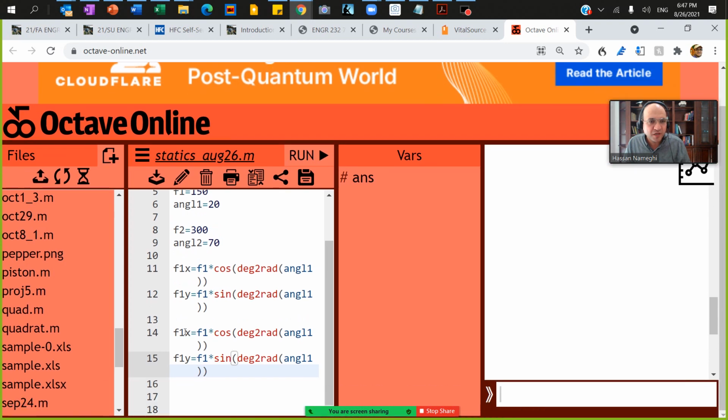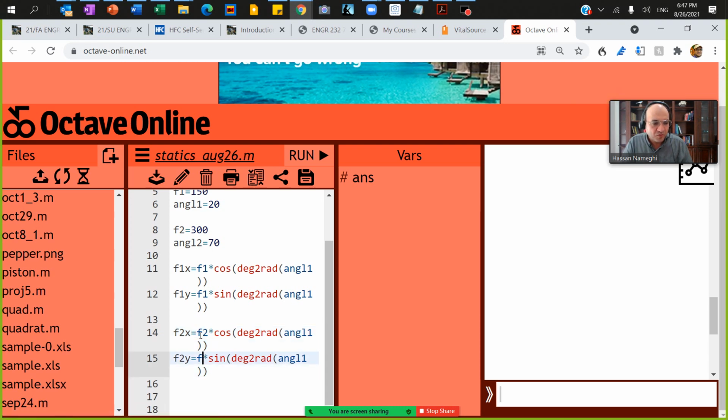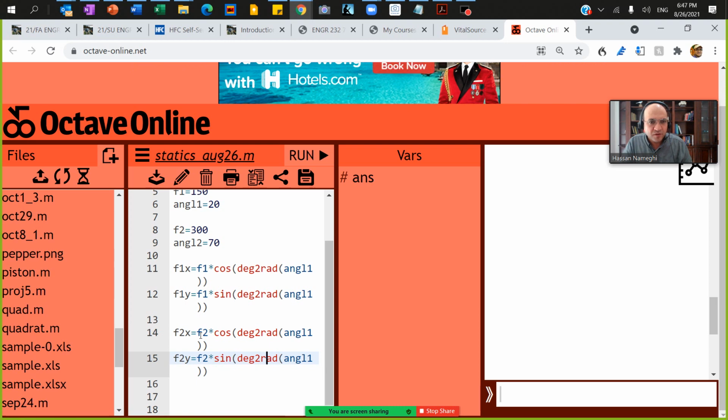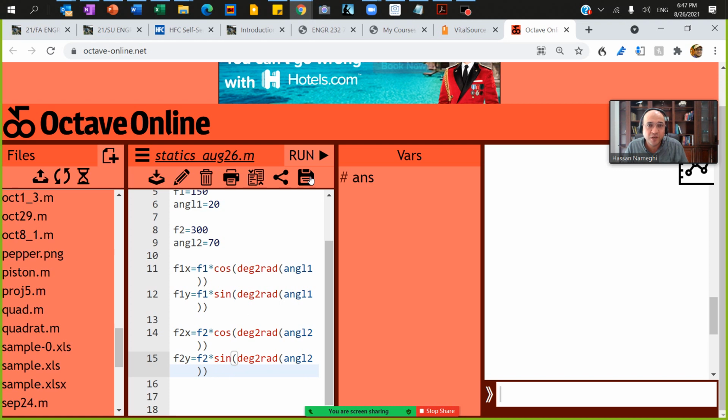So I'm going to just rename this as F2, rename this as F2, rename this to F2. Then this will be angle 2. And then I also need to change the angle here to 2.